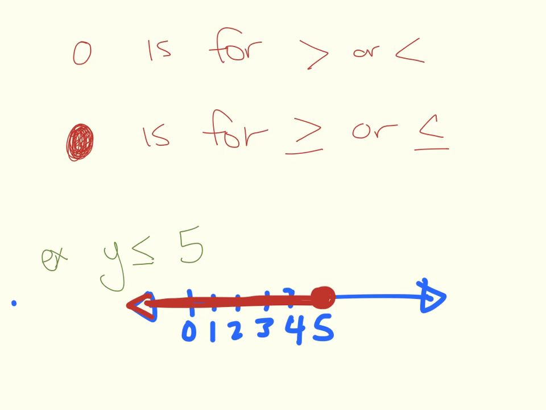Okay? So that's this circle right here. This is what I'm talking about. If your inequality is an equal to or less than or equal to or greater than or equal to, you close in the circle. If it is just a less than or greater than, you leave an open circle there. So I think with a couple more examples that'll make more sense. But that's just one of the rules to remember: is my circle open or closed?